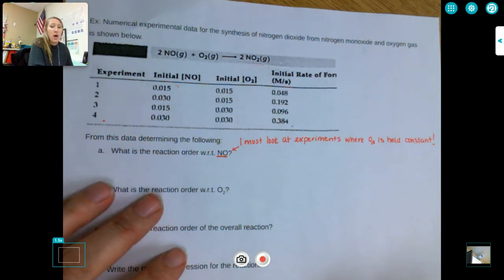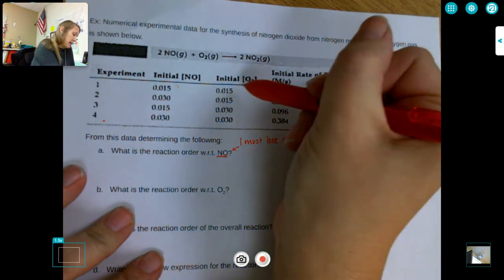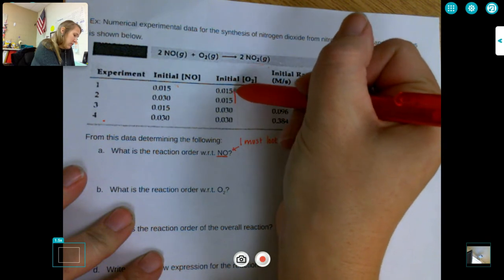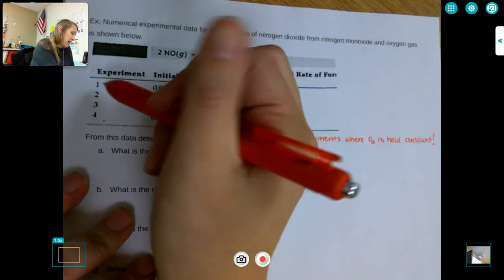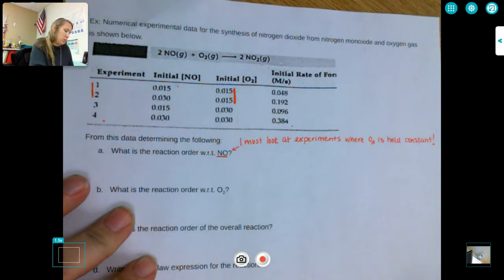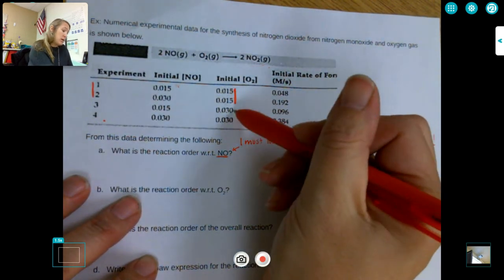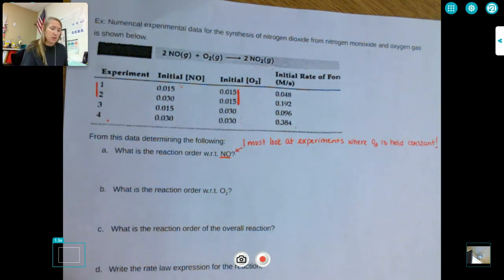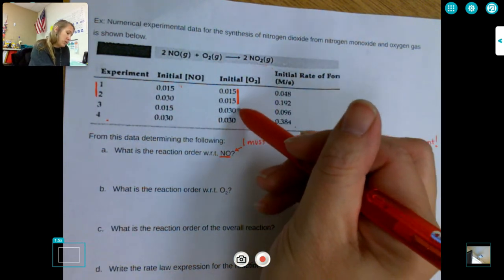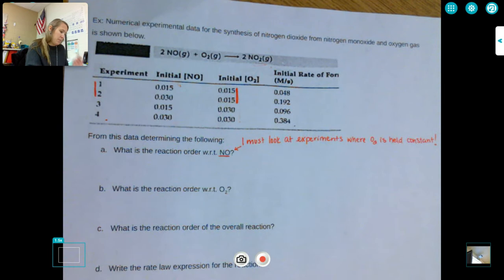I see oxygen being held constant here. It's 0.15 and 0.15. So I'm going to look at experiments 1 and 2 for this one. You could also look at experiments 3 and 4, and you're going to get the same answer because in 3 and 4, this is also held constant. So I'm going to look at experiments 1 and 2.